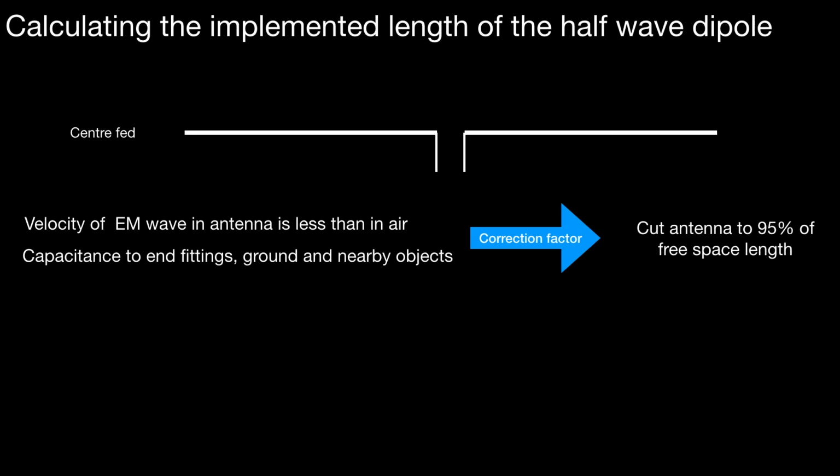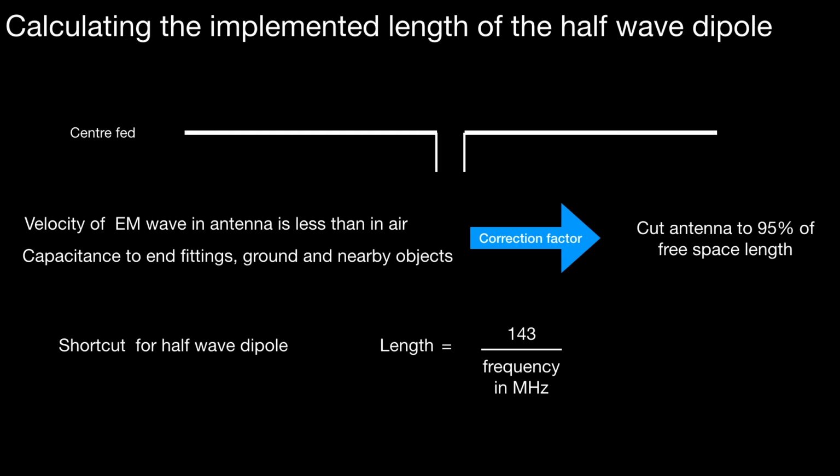Additionally, there is a formula that you can use, and it's a shortcut for the half-wave dipole. It only applies to the half-wave dipole. You can take the length of the antenna as 143 over the frequency in megahertz. So that's easily derived.